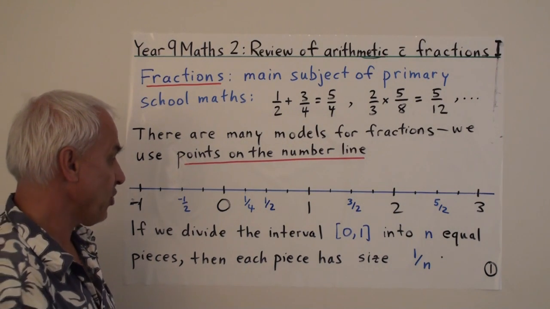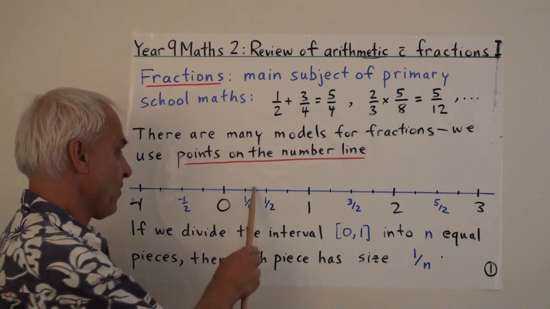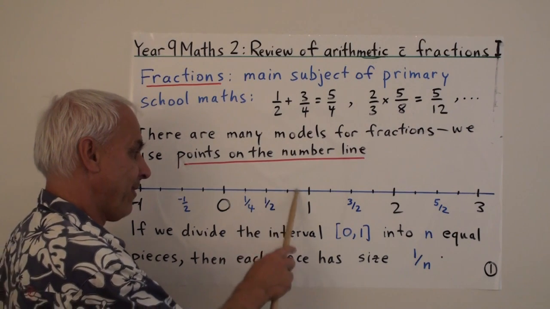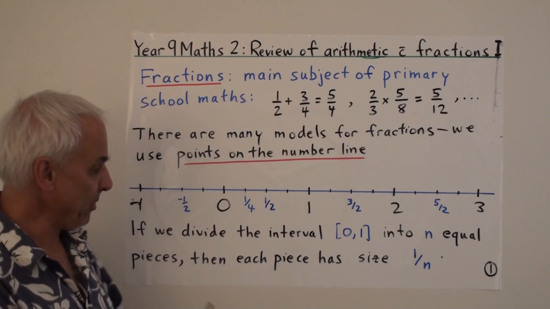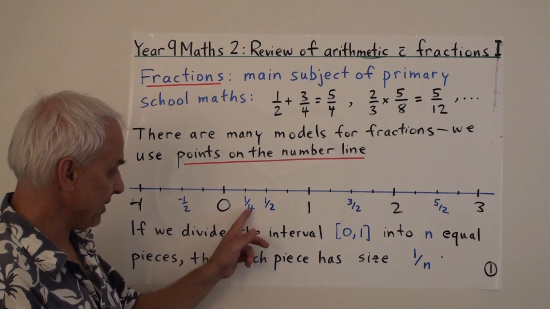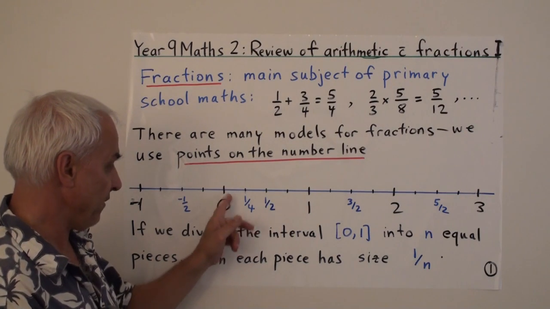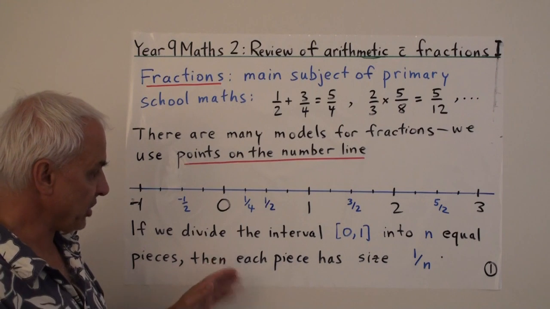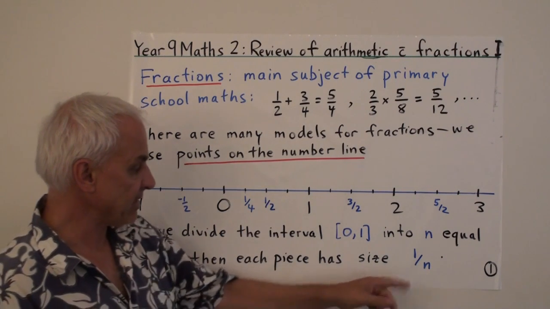We could continue, so we could divide the interval into 3 equal pieces, or maybe into 7 equal pieces, or maybe into 30 equal pieces, and then we would get the smaller fractions, 1/3 or 1/5 or 1/30. So that's the basic operation. We're dividing the interval 0, 1 into n equal pieces. Then each piece has size 1/n.